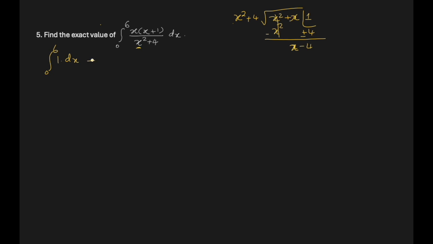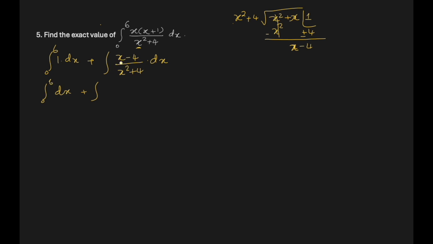That is the quotient. Then plus a new rational expression, x minus 4, which is the remainder here, divided by x square plus 4. Furthermore, we can also divide this. Let me write dx. One I can ignore now.